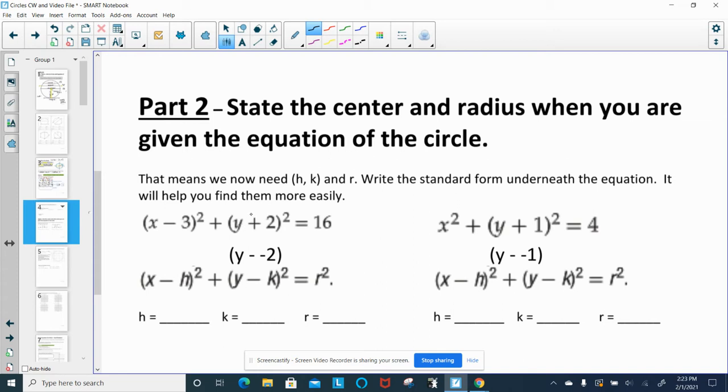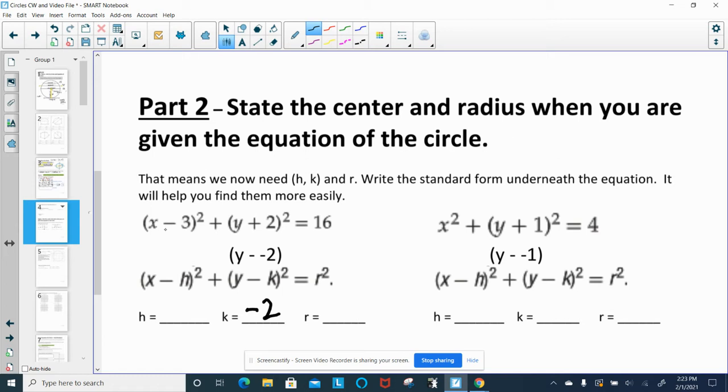When you see a plus, what's really happening is it's subtracting a negative number. So if I want to know what the k value is, here I see a positive 2, but because of this double negative, that got changed into a positive. So this is really the opposite of positive 2, which is negative 2.